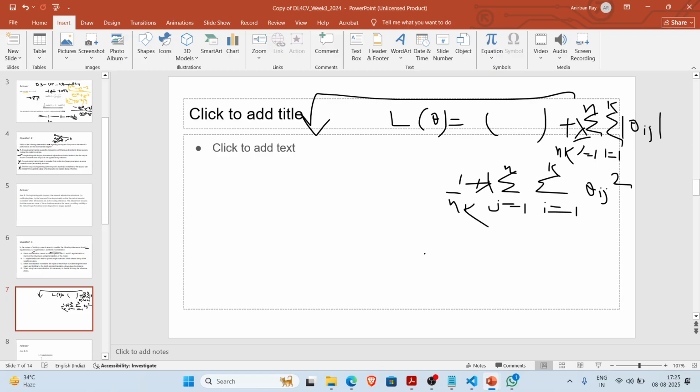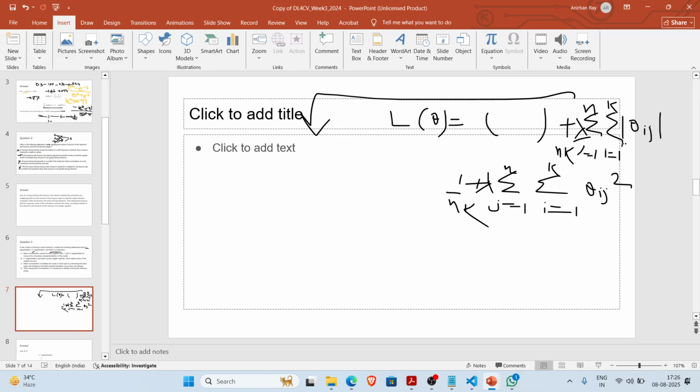So when you are using any regularization, it is attaching a theta term, and the theta term is also there in the loss function.